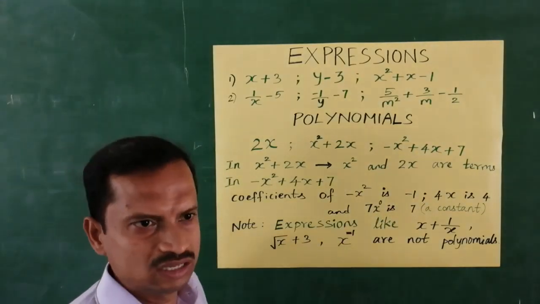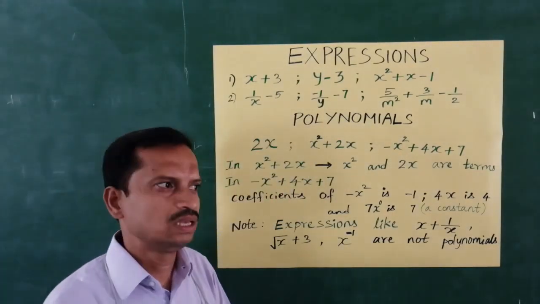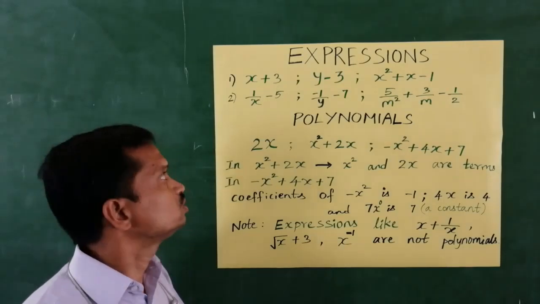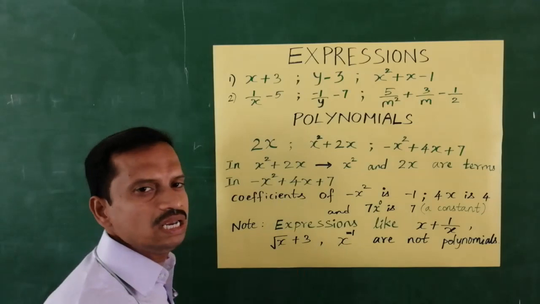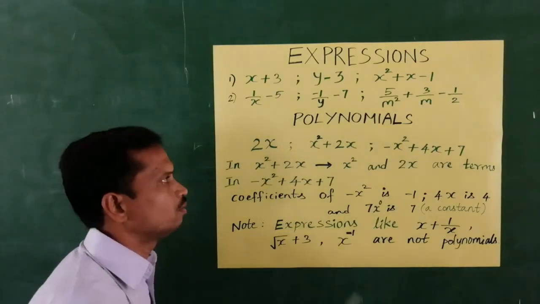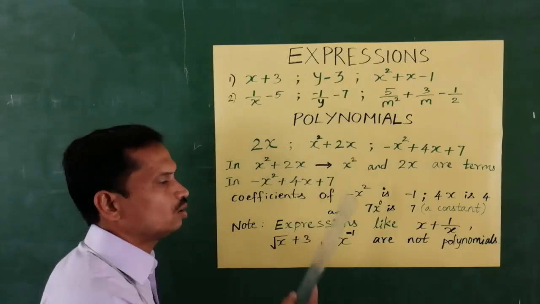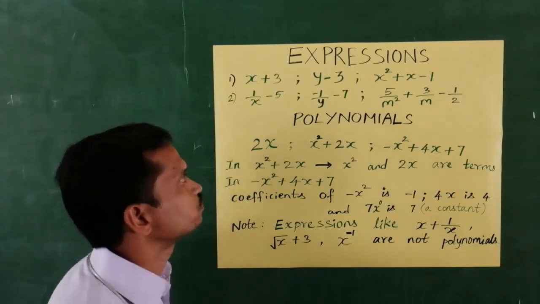So what is the difference between an expression and a polynomial? Here you can notice the exponent of the variable in each and every expression. These are also expressions, but we can say these are polynomials also. What is the difference?